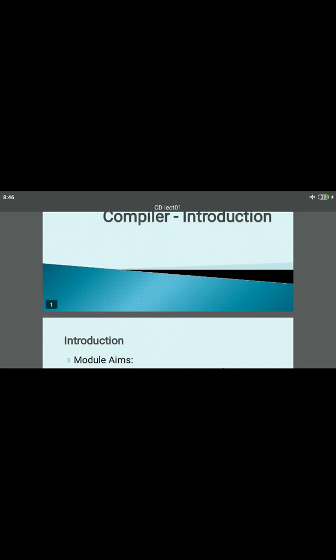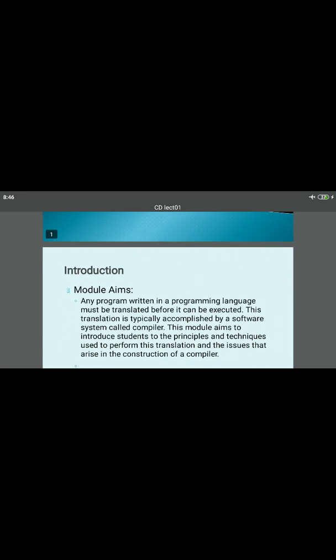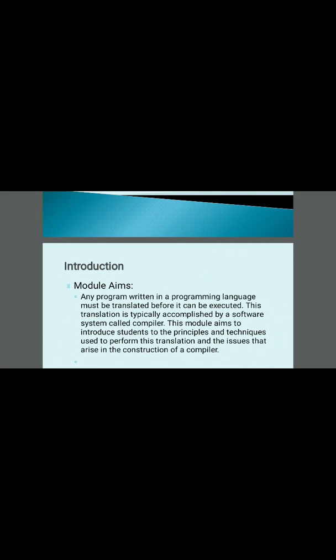Our main objective of this module is that you know that you will be writing many programs, and these programs are generally written in the way we can understand. It means that you will be writing all this code in the English language or with some pseudo code.